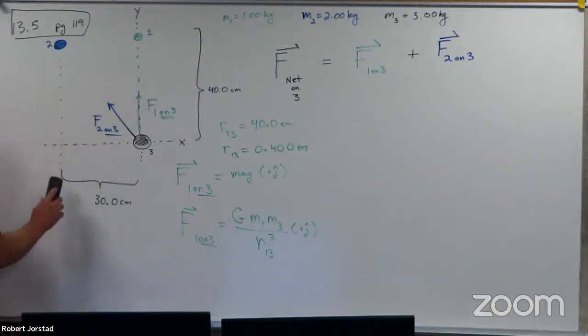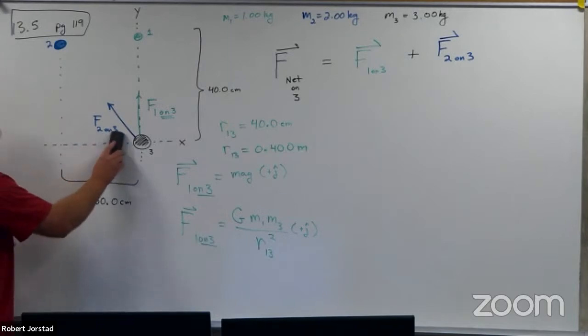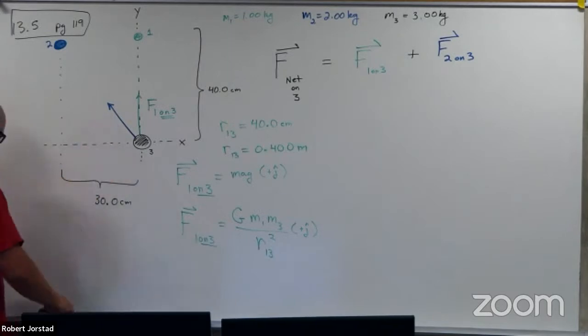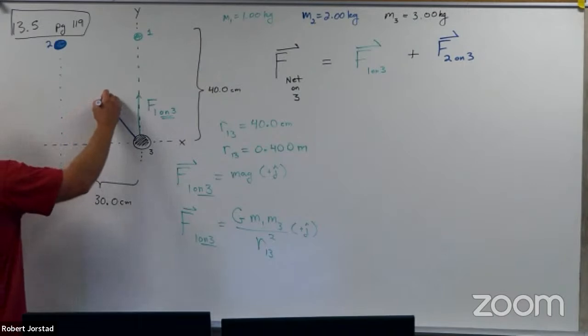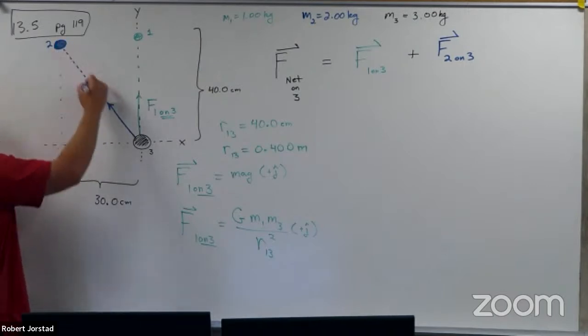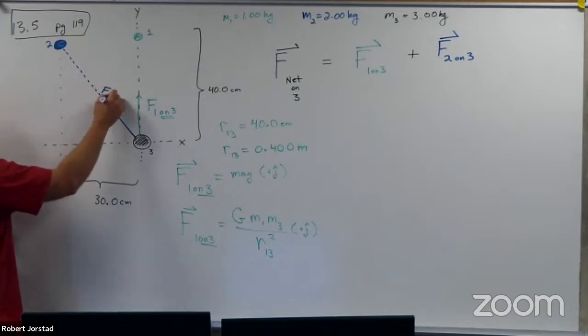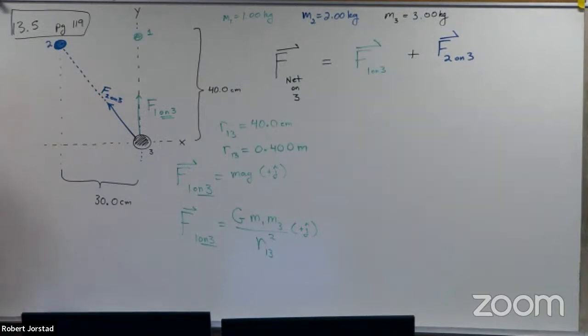Now, I need to move this label a little bit, so I'm going to move it to the end here. Force of 2 on 3. Do you agree we probably need some kind of angle here?